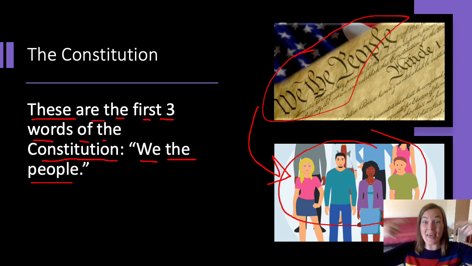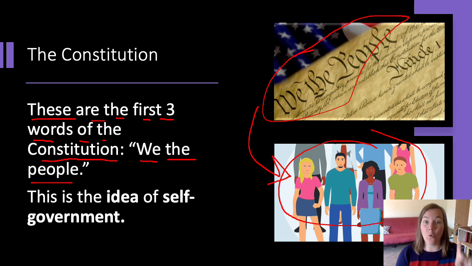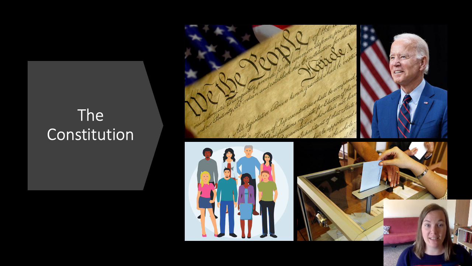We the people is the idea of self-government. That means the Constitution says, we the people, that's us, the people, citizens 18 and older.